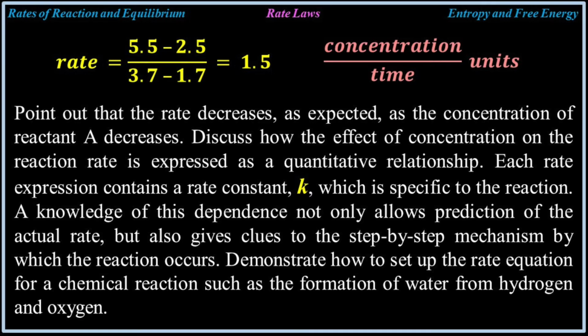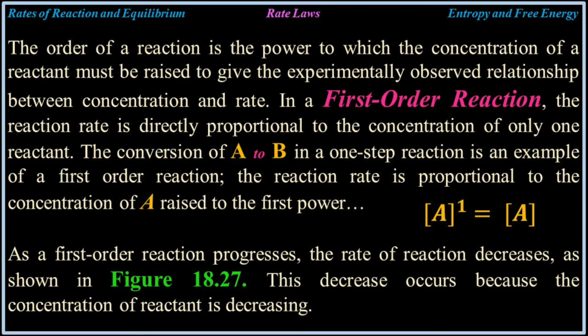Demonstrate how to set up the rate equation for a chemical reaction, such as the formation of water from hydrogen and oxygen. The order of a reaction is the power to which the concentration of a reactant must be raised to give the experimentally observed relationship between concentration and rate.